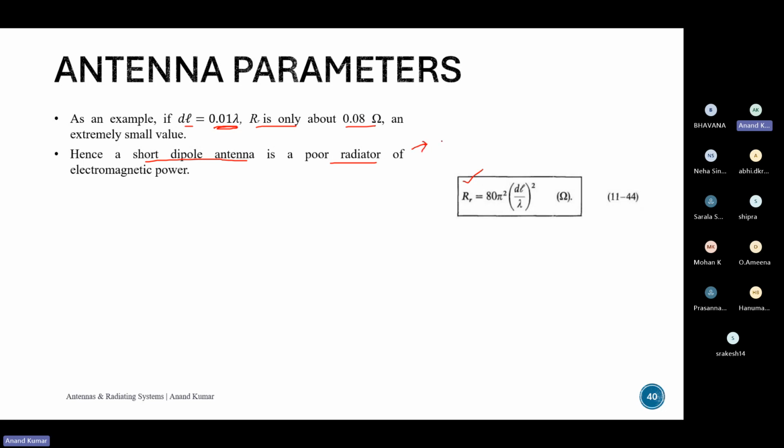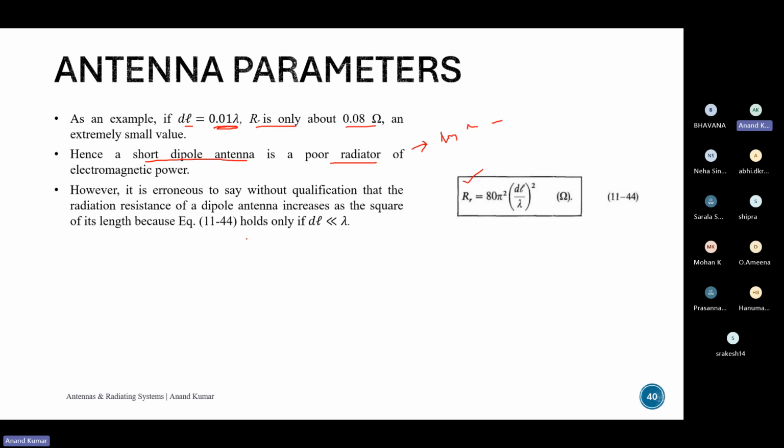But this does not imply a longer dipole antenna will be better, because we assumed that the current distribution across the dipole is the same while calculating the radiation resistance.